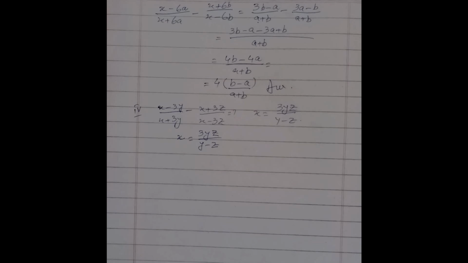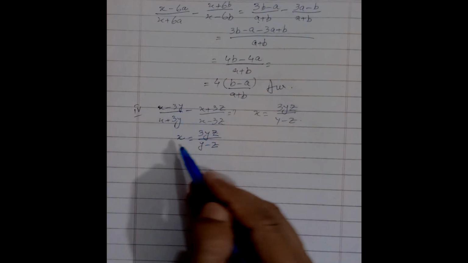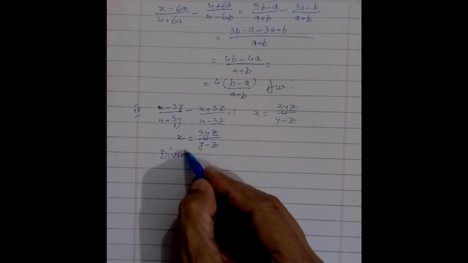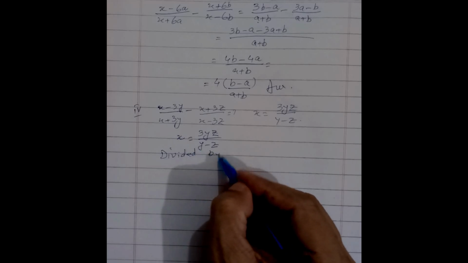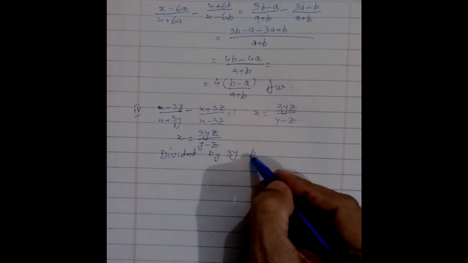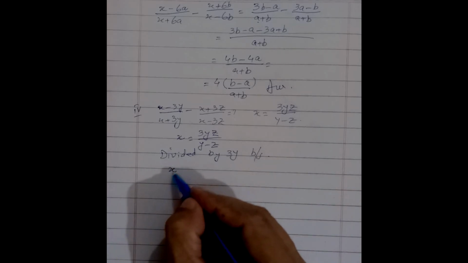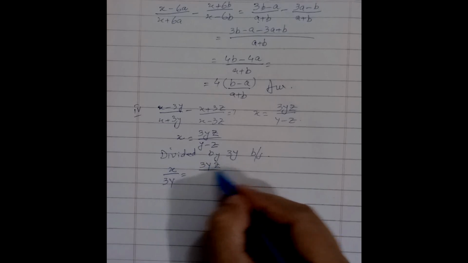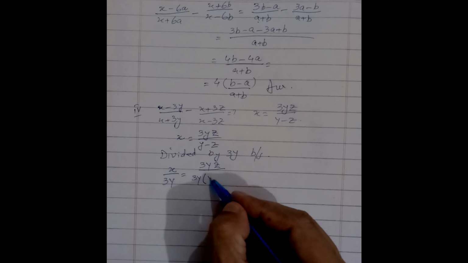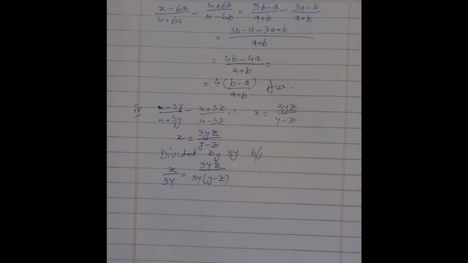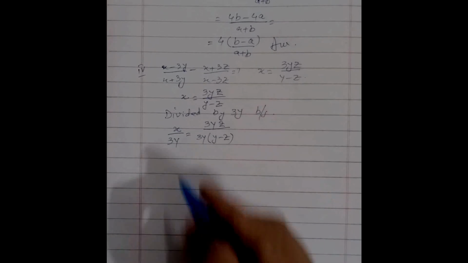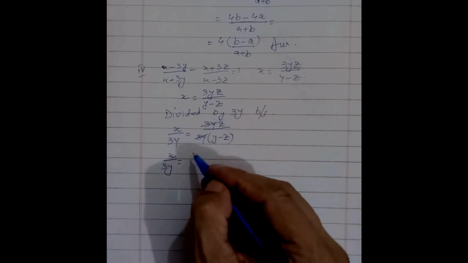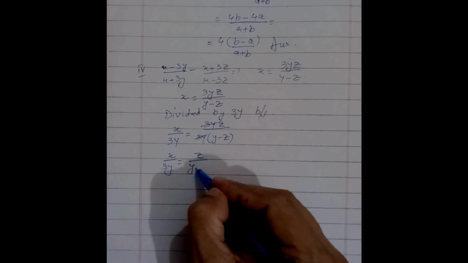So for the property we require 3y, so 3y is divided both sides. Dividing 3y both sides, we get x over 3y is equal to 3yz over 3y into y minus z. Now simplify these values, we get x over 3y is equal to, 3y cancels with 3y, z over y minus z.